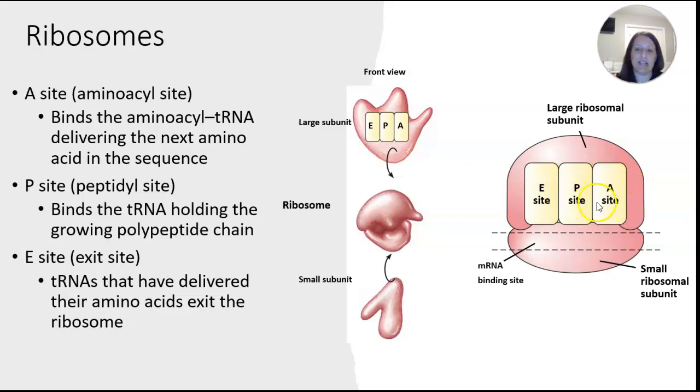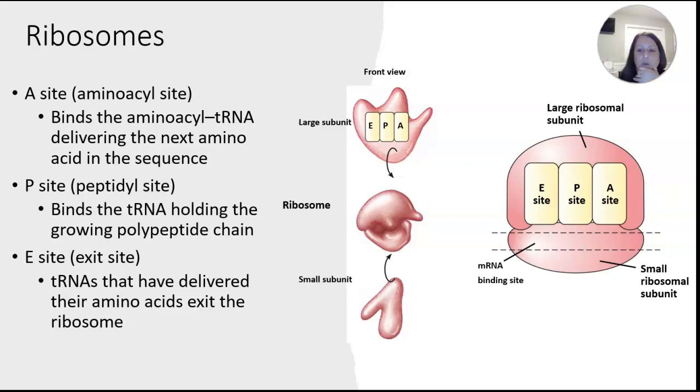And so let me talk about the A site first. So that A of the A site stands for the amino acyl site. This is where amino acyl tRNA molecules, so tRNA attached to an amino acid, are going to enter the ribosome. Okay? And they're going to enter the ribosome in this site, and their anticodon is going to complementary base pair to the codon in the mRNA.